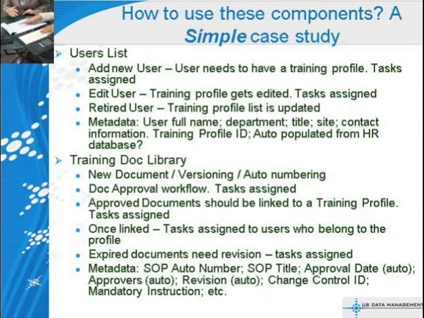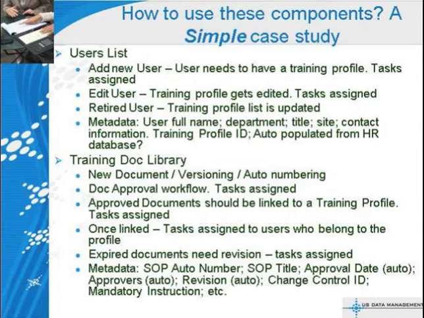Does it need to belong to a new profile or an existing profile, right? So that's a task. And once this document is linked to that training profile, we want to send out tasks to all the users who belong to that profile saying, hey, here's SOP XYZ, you need to be trained on it, right?